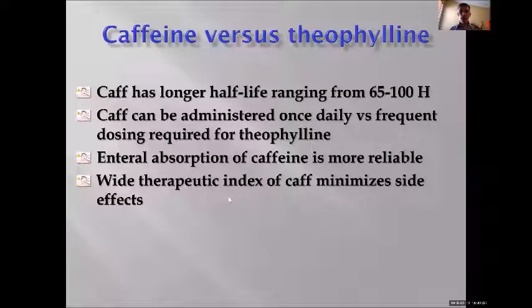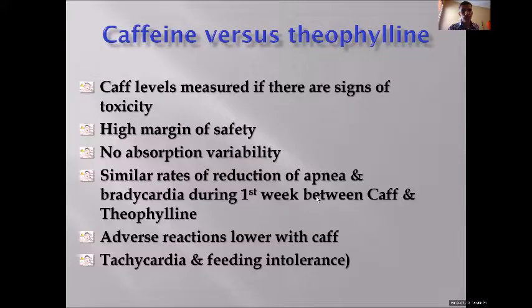Which one do you use, caffeine or theophylline? Caffeine has a longer half-life, so you can give it as a single dose, while theophylline needs very frequent dosing. Enteral absorption is very predictable in caffeine and not predictable in theophylline. Therefore, the therapeutic index is very wide in caffeine and very narrow in theophylline.